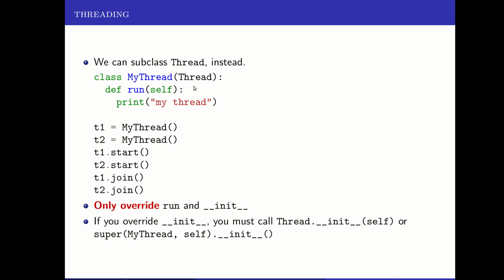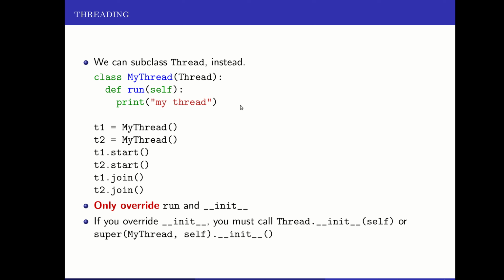We can also extend the Thread class and write our own functions to customize it a little bit. So I write a run function here that prints out my thread, and I can also override the init function so that I could provide this thread with some arguments in its constructor and be able to do things that way.